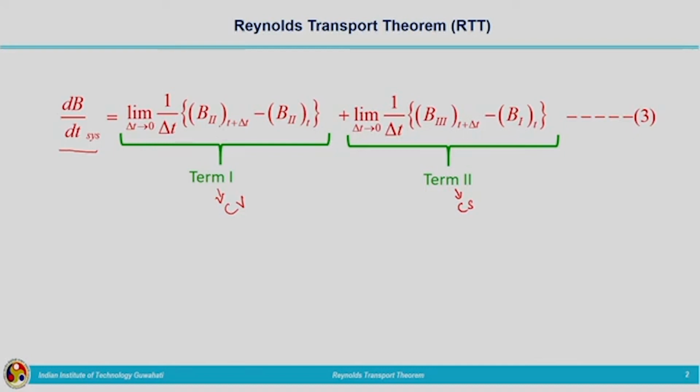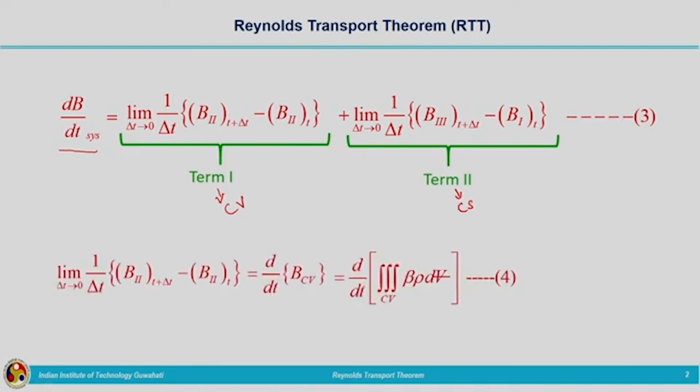So, limit delta t tends to 0, 1 by delta t times B2 at t plus delta t minus B2 at t was found to be the time rate of change of extensive property stored within the control volume. This term we derived yesterday. Now, we have to move on with the second term. This is the expression representing the time rate of change of extensive property within the control volume.